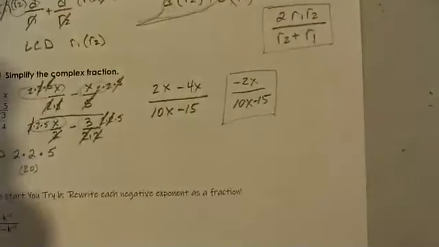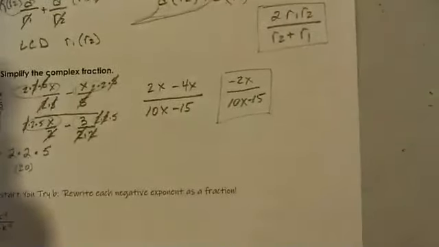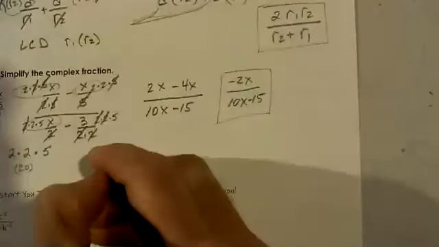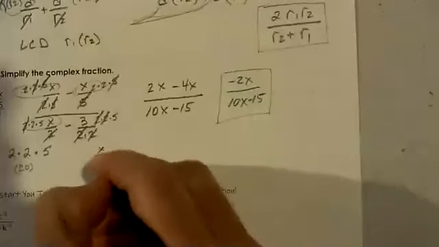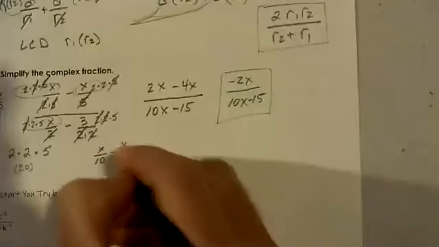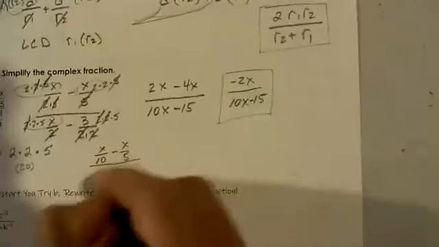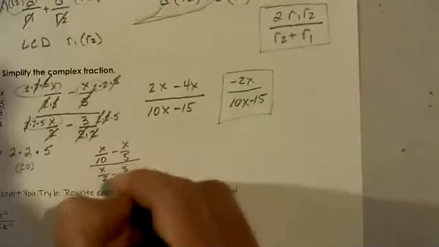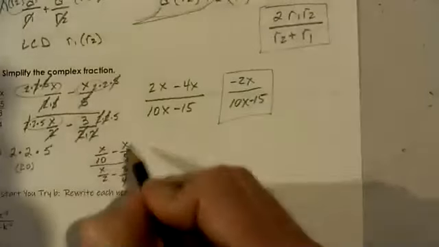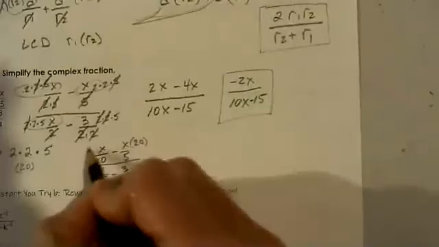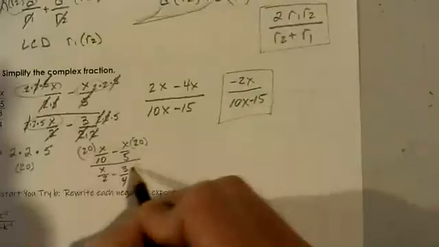That's one method way to write it. The other way would have been just to multiply straight up with the 20.